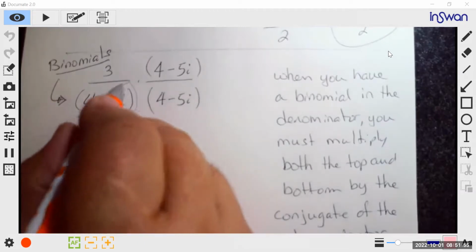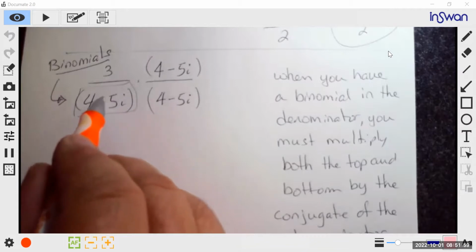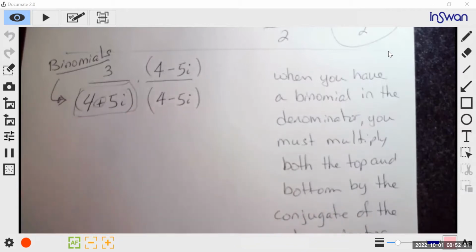Whatever the bottom is, whatever the sign in front of the I, change it. That's the conjugate. And we'll do a bunch of examples in a second.